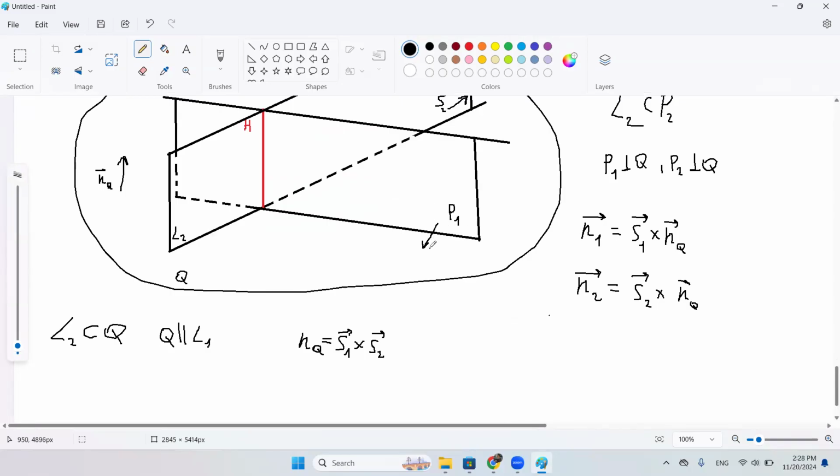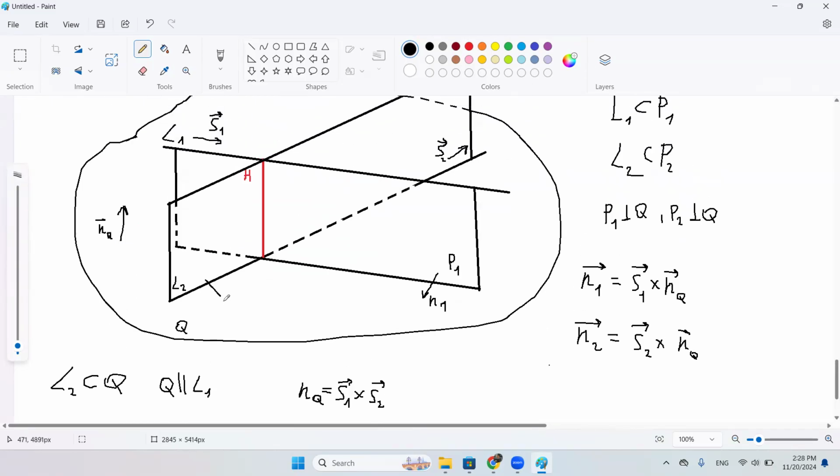So this is N1, and this is N2. And we can see that N1 is perpendicular both to NQ and S1, from the cross product. N2 is perpendicular to S2 and NQ together, as well, the cross product of these vectors.